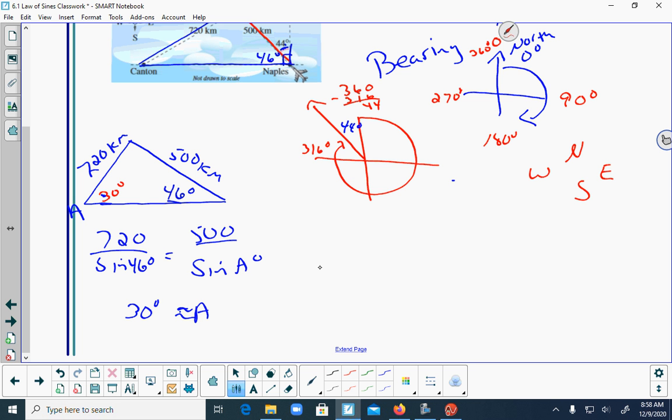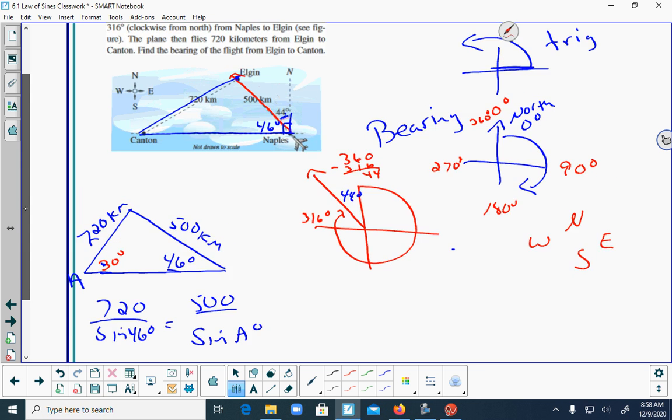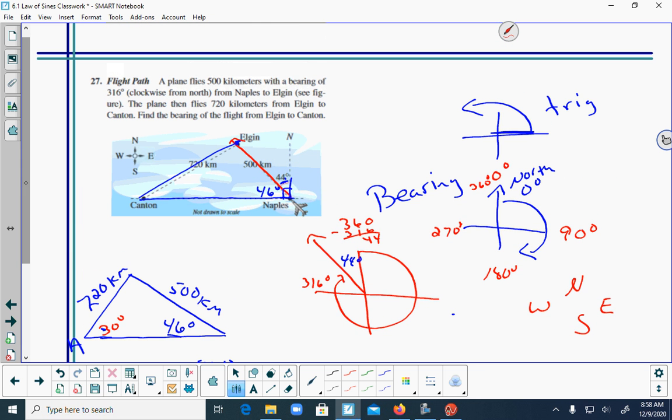So this is 30 degrees. Then I want to find the bearing based on north. Now I know that I could add these up and find this whole angle here, but finding that whole angle doesn't really do me any good, so I'm not going to bother. I'm going to figure out north, which is directly north and would form a right angle.